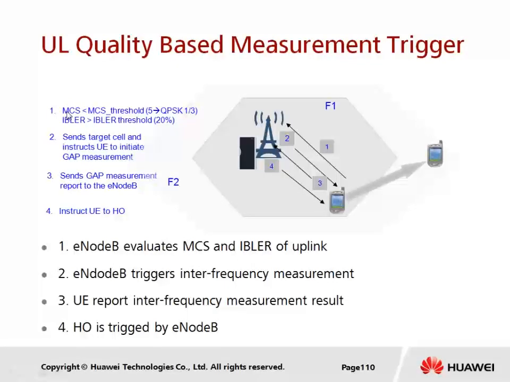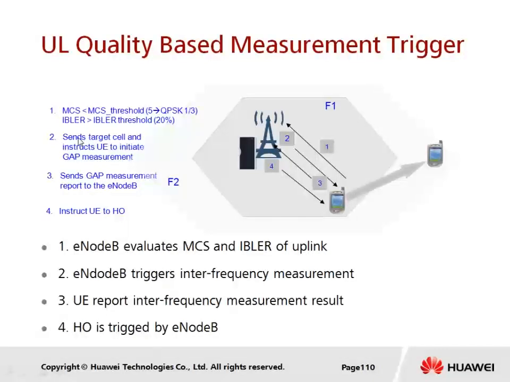Once the eNodeB detects that the modulation and coding scheme used by the user is smaller than the threshold, which is at index 5, where index 5 indicates QPSK with a coding rate of 1/3, and at the same time the initial block error rate is greater than the threshold, which is 20%, then the eNodeB triggers the measurement for interfrequency.